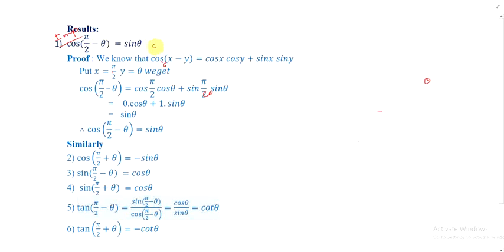What is there? cos(pi/2 + theta) is equal to cos pi/2 cos theta, and if there is a plus sign on the LHS, then on the RHS we have a negative sign, minus sin pi/2 sin theta. Same terminologies are there.